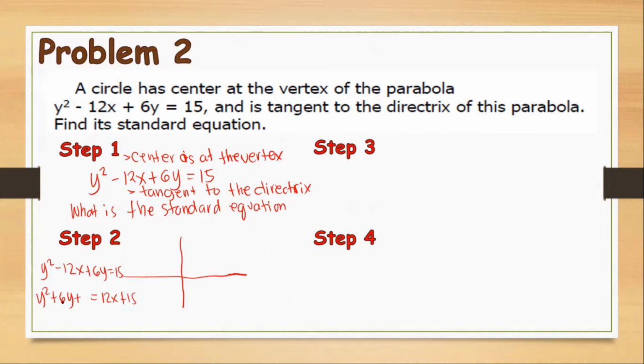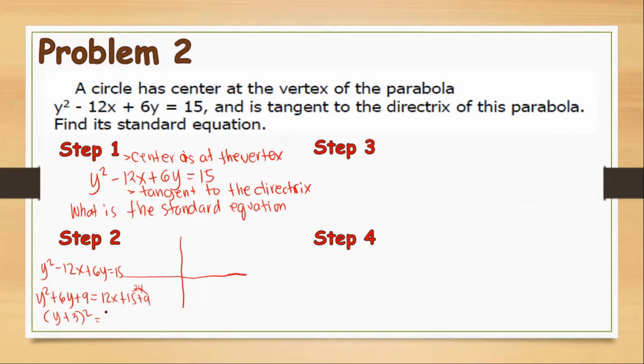Then 6 divided by 2 is 3. 3 times 3 is 9. So we have to add 9 here and add 9 on the right. Then factor that out. We can have y plus 3 quantity squared equals 12x plus 15 plus 9, which is 24.